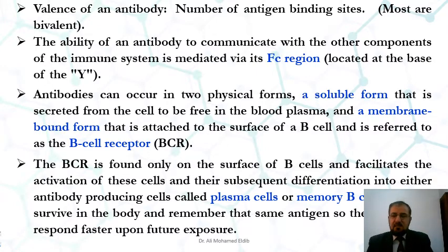So once the B-cell receptor can find the appropriate antigen and recognize it, the B-cell will go through the activation process: clonal selection, clonal expansion, differentiation, producing plasma cells and memory cells to fight against the antigen.